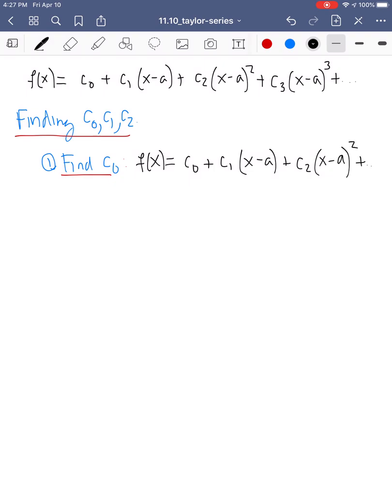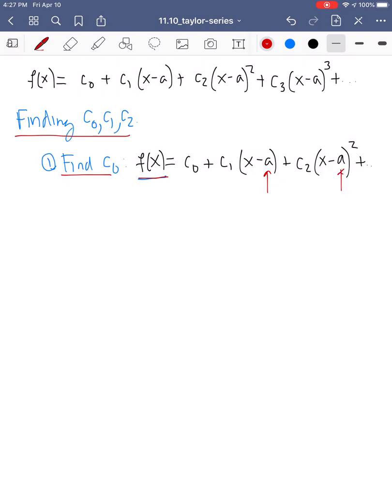Well, if we look at that above function, we know at this point what this function f of x is. If we're going into this, we're thinking f of x is something like sine, cosine, or e to the x. It's some function we're trying to find its power series representation of. So we could presumably evaluate that function at any x value we want. The other thing we know is the value of a.